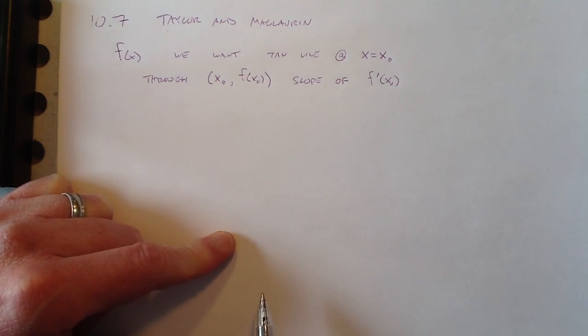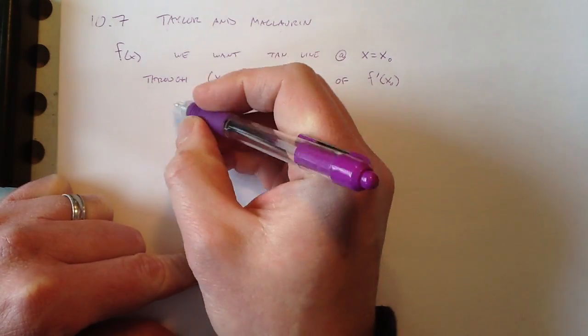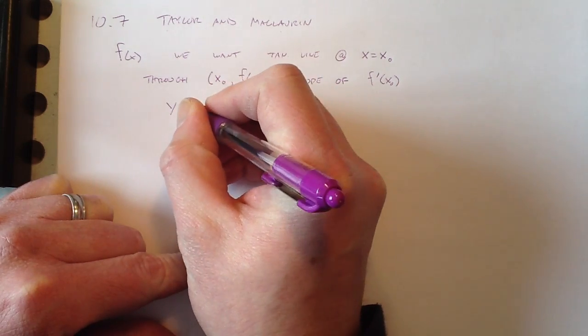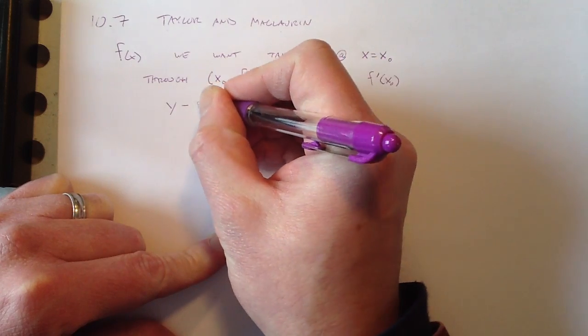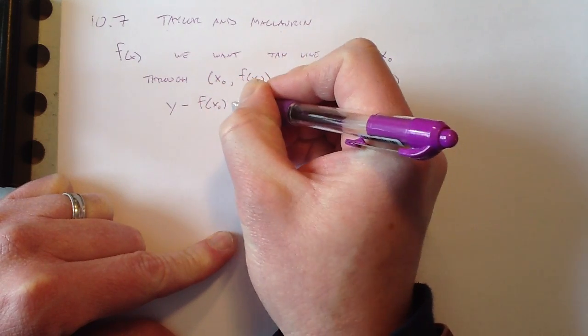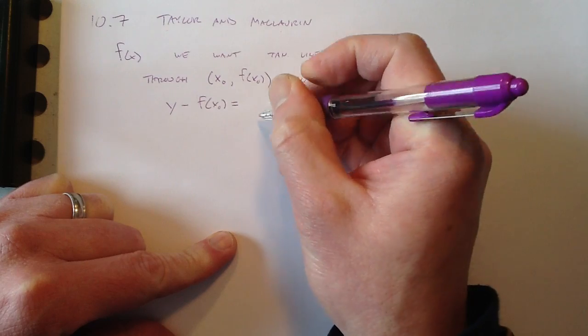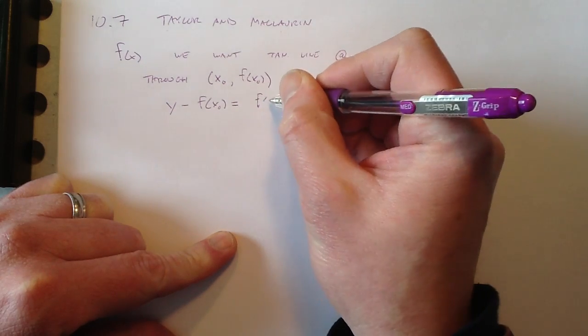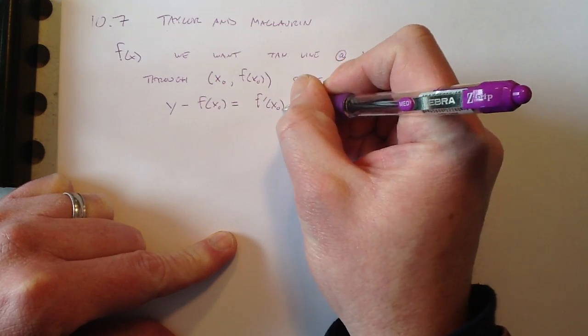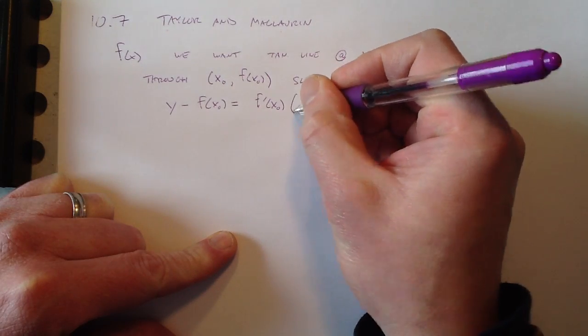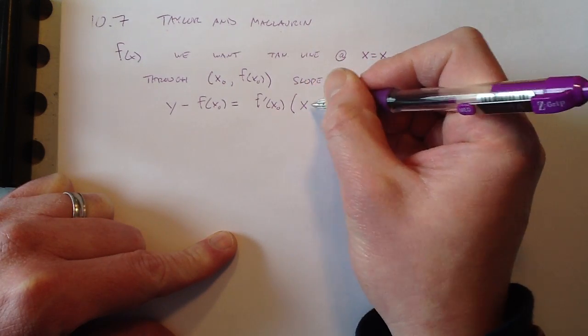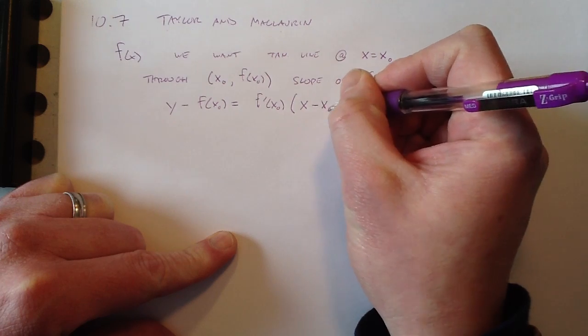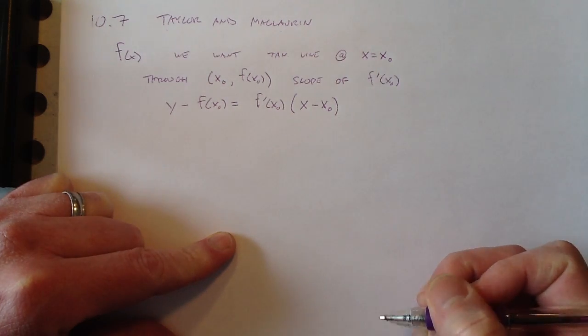And then in point slope form, we could write it as y minus y sub 0 is equal to the slope f prime of x sub 0 times x minus x sub 0.